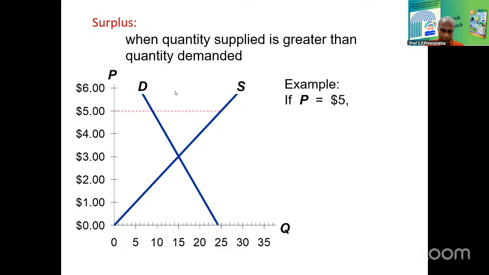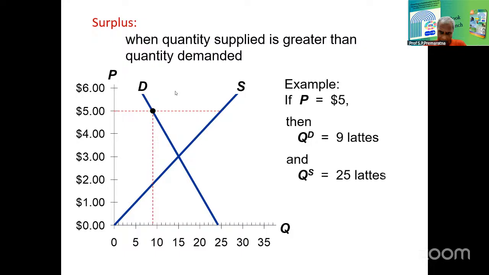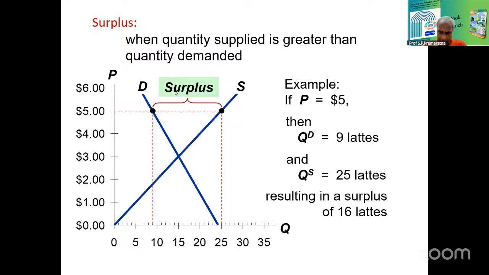For example, in this case, the price becomes 5, the quantity demanded becomes 9 and supply becomes 25, and it creates a 16 surplus.